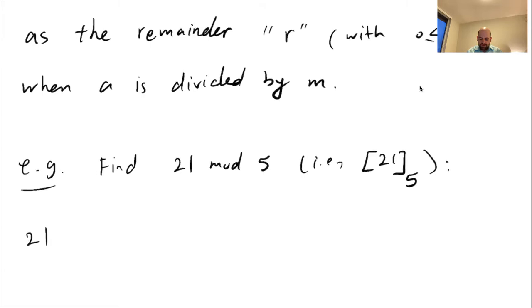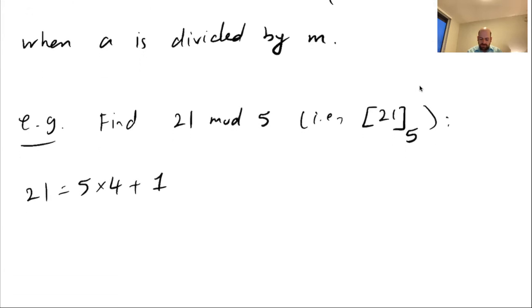So we know that 21 is 5 times 4 plus 1. Right, so this is the remainder. R is equal to 1, so 21 mod 5 is equal to 1. Okay, so we just want to say that the remainder above in division algorithm is also called A mod M when you divide A by M and you get the remainder R, or also denoted by this notation.